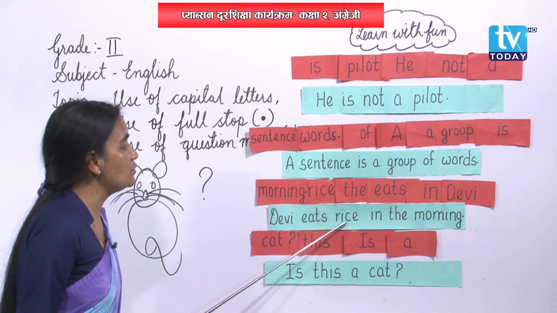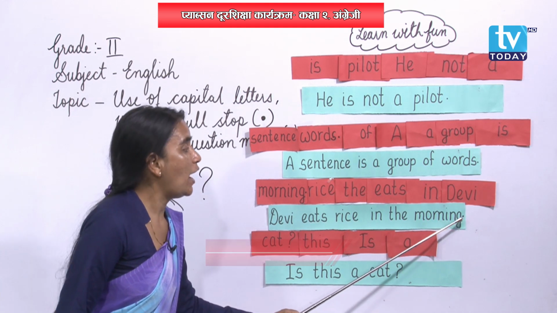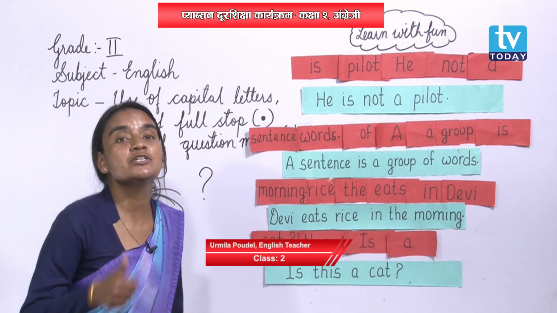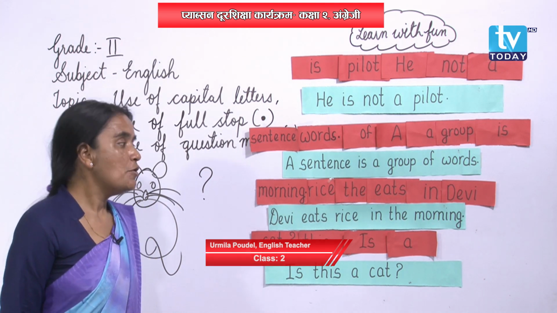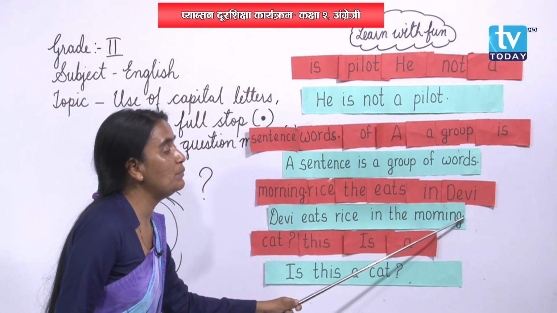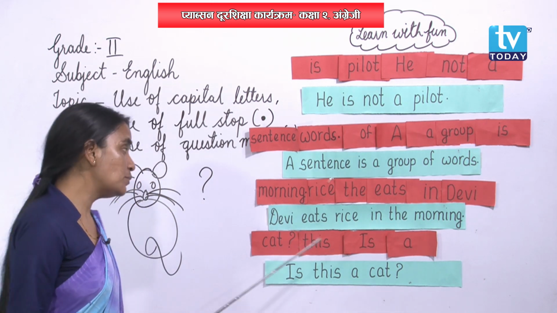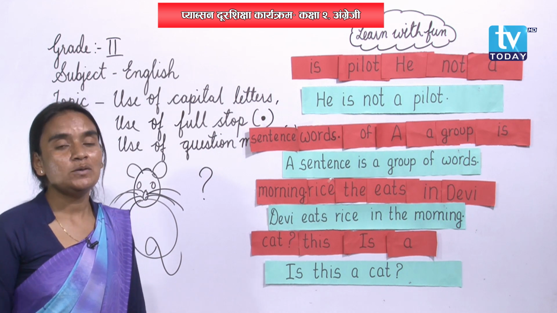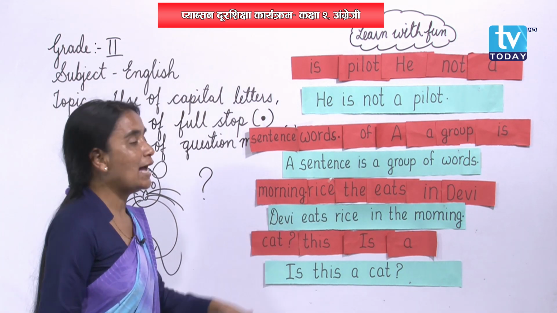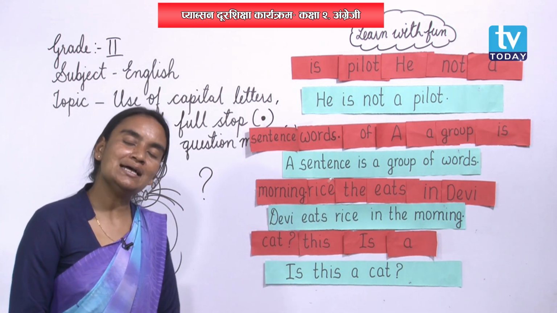Devi eats rice in the morning. After morning, we have got a dot. That is a full stop, where we have got the meaning of full stop. That means the sentence is completed. Okay, these are the ways how to use full stop in the sentence.